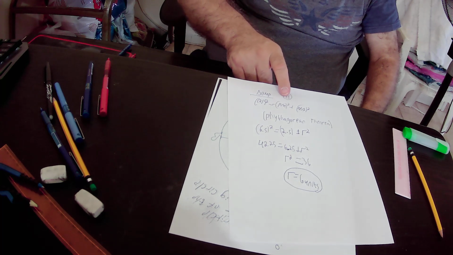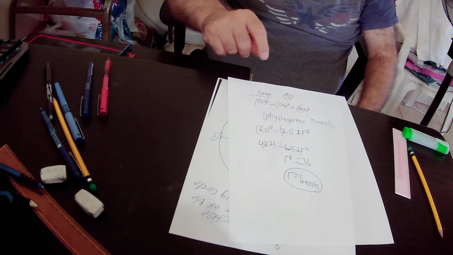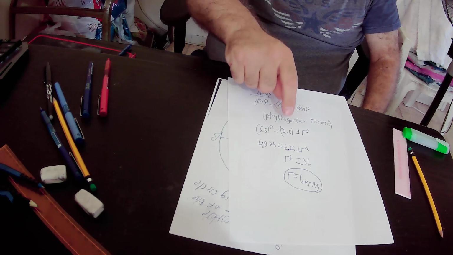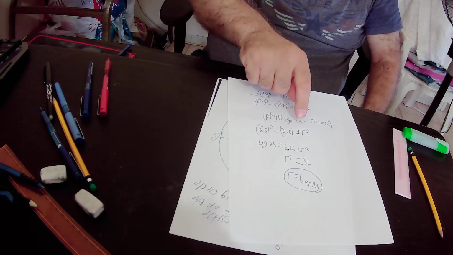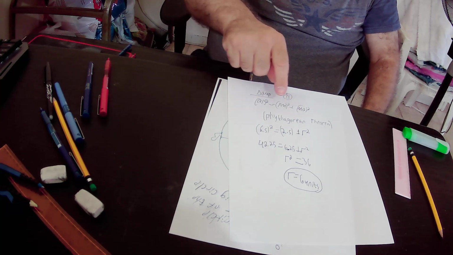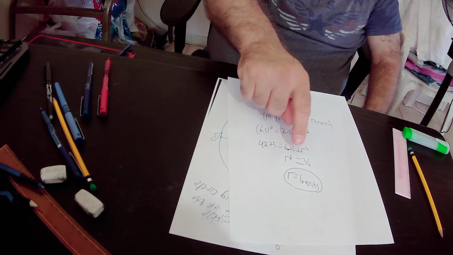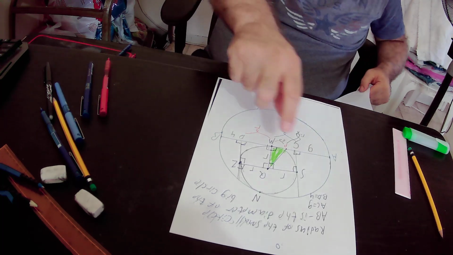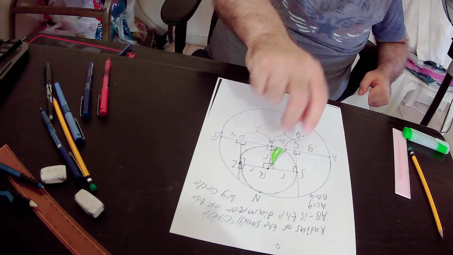We know that QP equals 6.5 units, PM equals 2.5 units, and the only missing variable is r. So we solved this simple equation and we found out that the radius of the small circle equals 6 units.